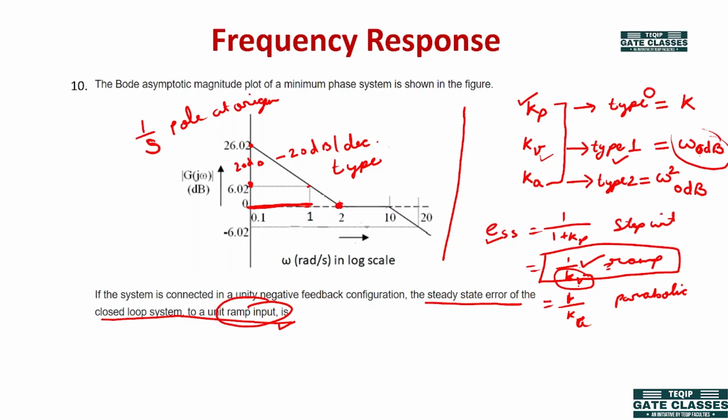So here this is the value where gain is crossing 0 dB line, that is omega is equal to 2. So we have Kv is equal to 2. So our steady state error for unit ramp input is equal to 1 by Kv, that is 1 by 2, that means 0.5. So our answer is 0.5.